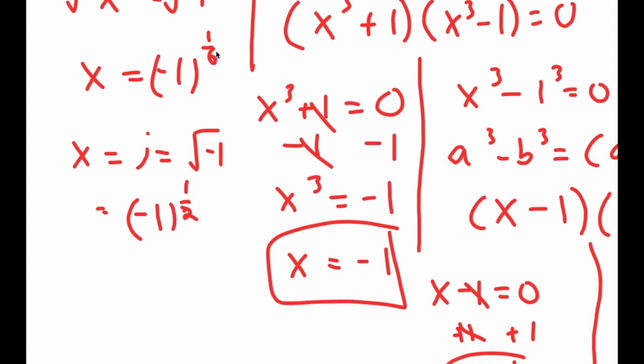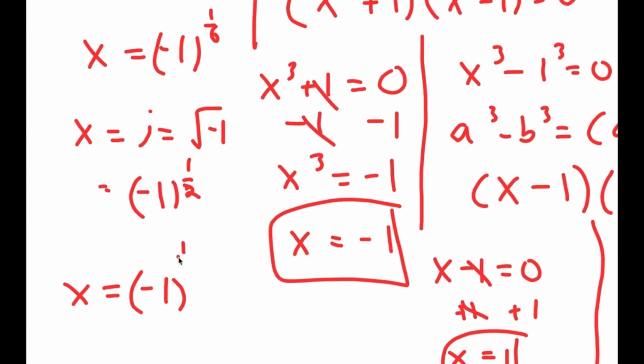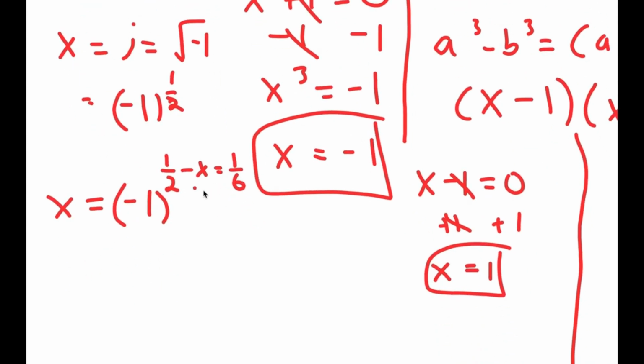So negative 1 to the power of 1 over 6 is the same thing as negative 1 to the power of 1/2 minus something. So now 1 over 6, or I should say 1/2 minus 1 over 6 is equal to 1 over 3.